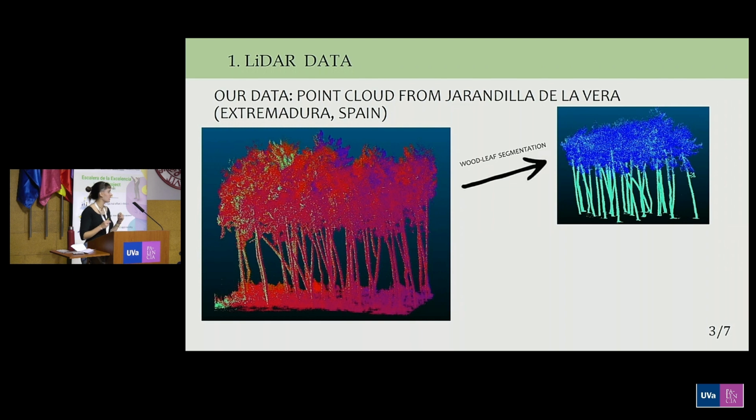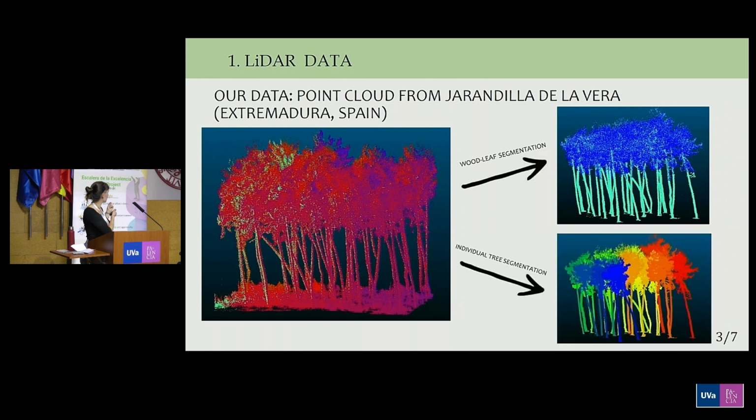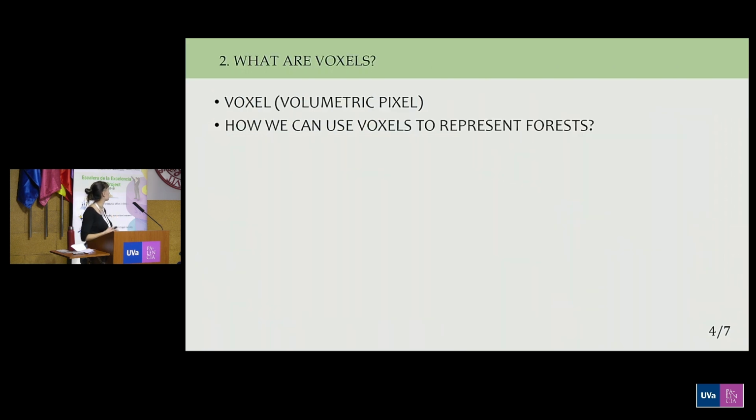This means that in the point cloud, we are interested in distinguishing the points that belong to photosynthetic tissues and the ones that don't. And also we are interested in individual tree segmentation. These segmentation algorithms are not easy, and there are many people working on improving them nowadays.